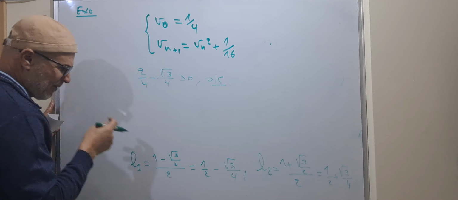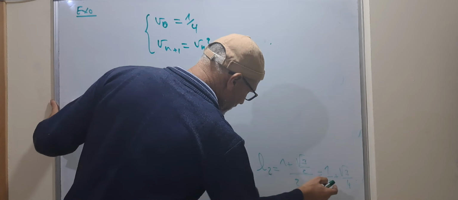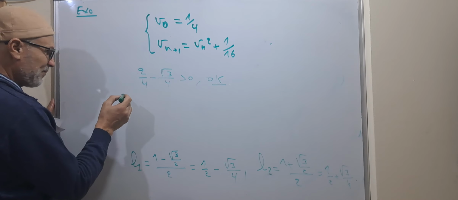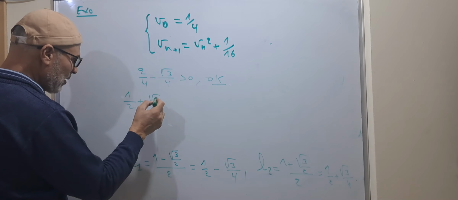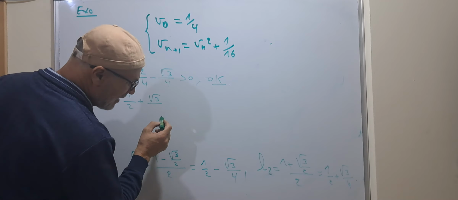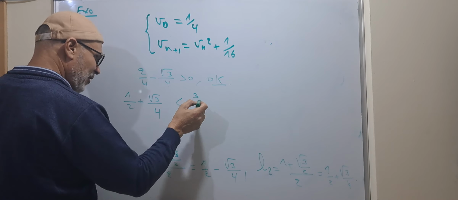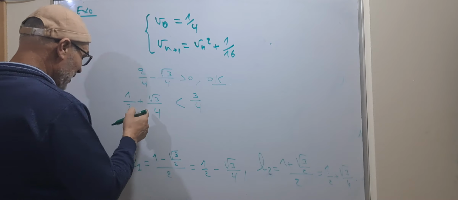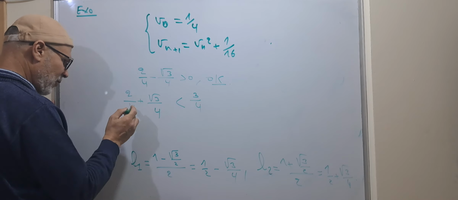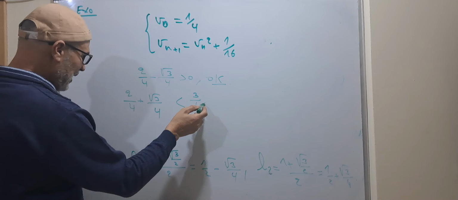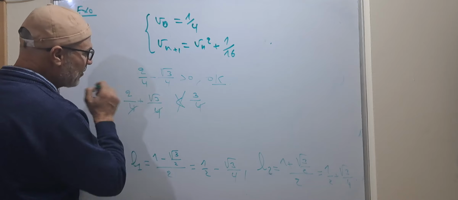The second one, we have 1 over 2 plus the square root of 3 over 4. Is it less than 3 over 4? Here we have 2 and here we have 4. We can cancel this. This is not true, so this cannot be a solution.